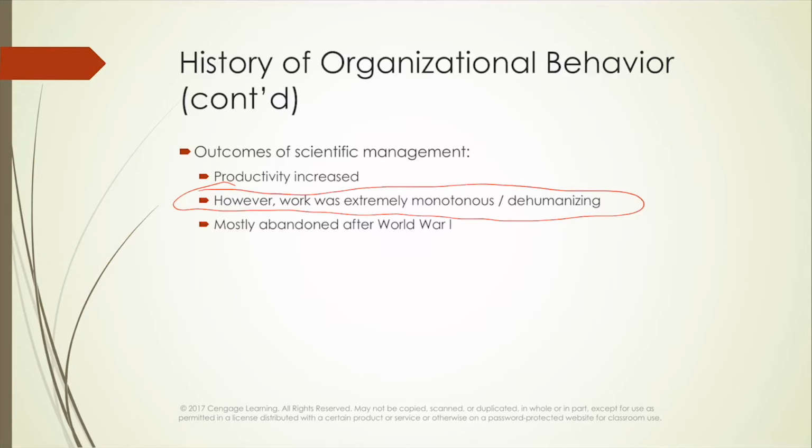Now here's the theory behind scientific management. What Taylor believed was that if I'm doing the same thing over and over again, I'm going to become an expert in it. Through scientific inquiry and trial and error and time motion studies, as I do this job more and more, I'm going to be an expert in it.